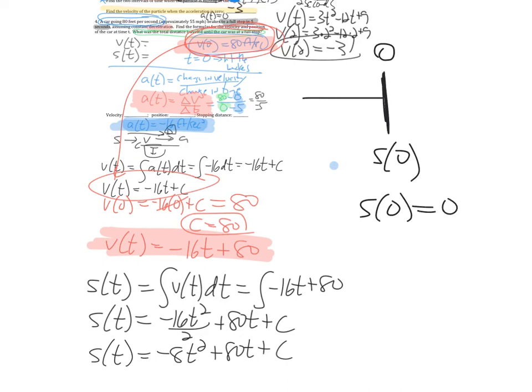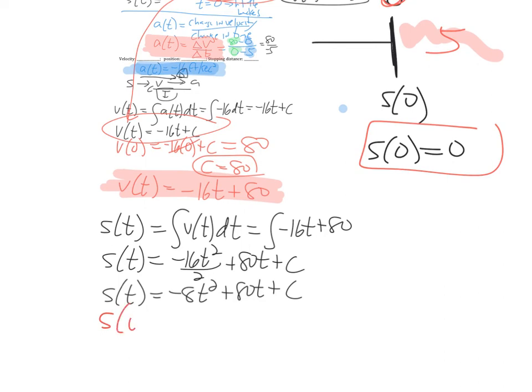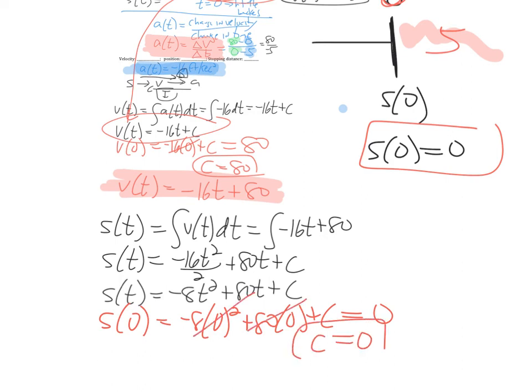Then it says it's going to brake and stop after 5 seconds. So that means our position at 0 is going to be defined as 0. So I'm going to use that to figure out what the constant is for this position function. I'm going to plug in 0 for all the t's, and that's going to give me a 0 value, which means in this position function, the constant is going to be 0.